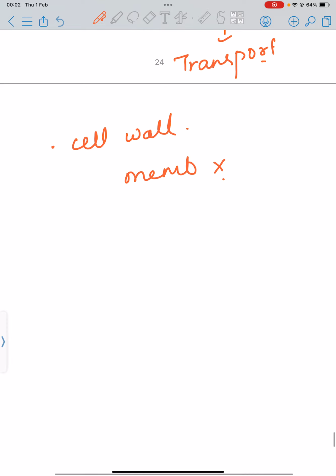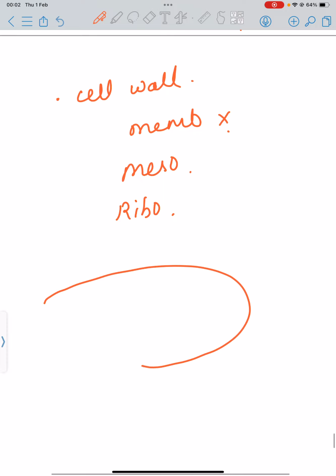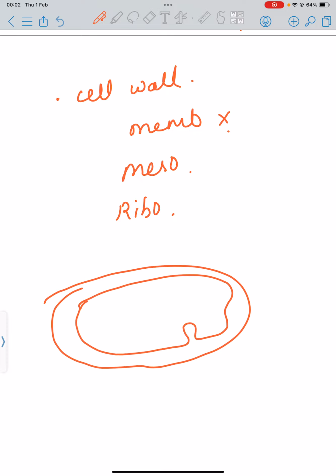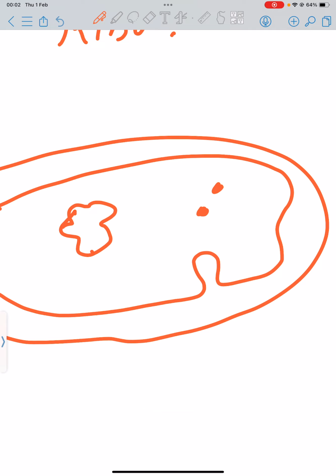Now we looked into the cell wall, the membrane, mesosomes and ribosomes. Now I'd like to add something. This is the cell wall, this is the mesosome, cell membrane, chromatin is sorted, ribosomes are sorted, but is there any possibility of extra chromosomal circular DNA?